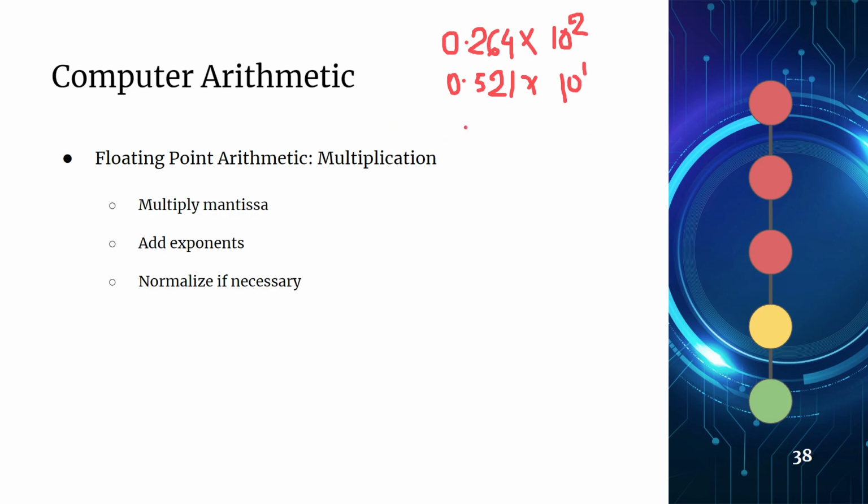Now what will happen over here? It's straightforward: multiply the mantissa, add the exponents. Okay, let's see what happens if we multiply these two mantissa. Let's calculate it out.